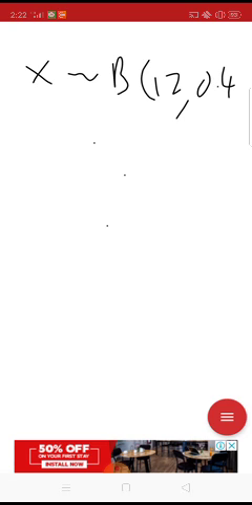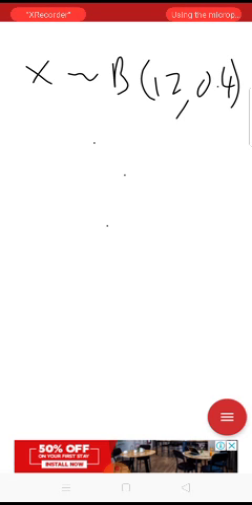This is originally a binomial distribution, and if you want to do an approximation, it is binomial with 12 and 0.4. Okay, let's start.